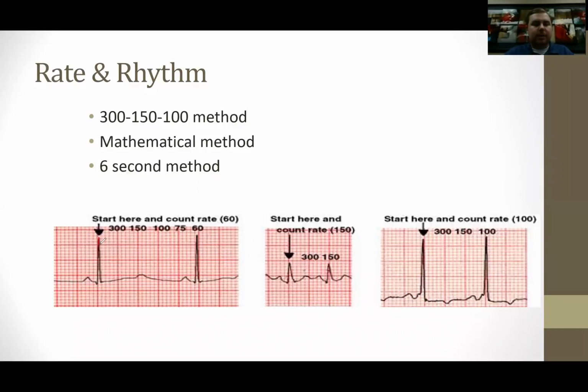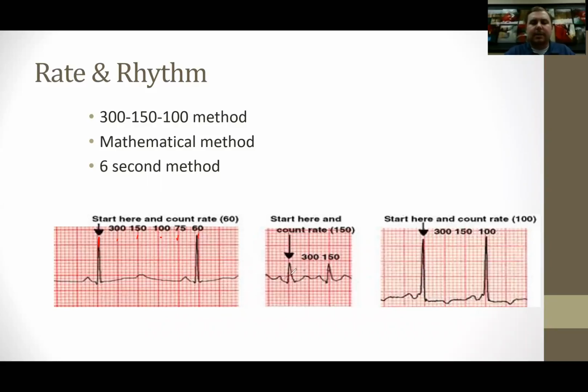So this one clearly falls on a bold line. We're going to count 300, 150, 100, 75, and then 60. And this ends just before 60. So we know that this rate is a little bit faster than 60 beats a minute.